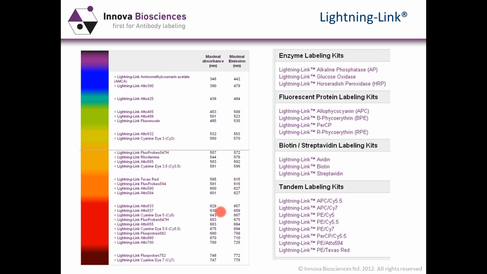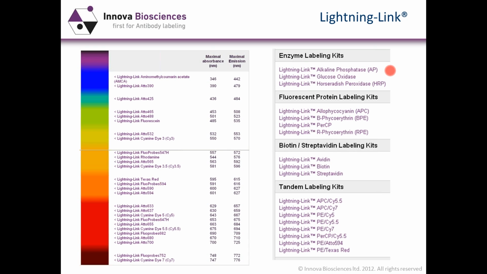The Lightning-Link range comes with a whole range of different conjugation opportunities. On the left-hand side here are the whole range of fluorescent dyes that are available in Lightning-Link format, including common dyes such as fluorescein, but also dyes such as the Atto dye range and the Psi dye range. We also have enzyme labeling kits for people using applications such as ELISA or Western blotting.